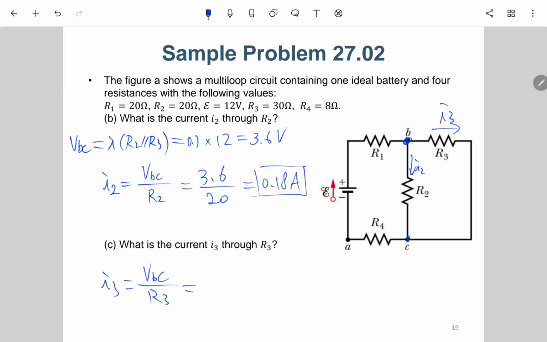So it will be 3.6 over 30, which is nothing but 0.12 A. A quick note is that this is 0.3 A, this is 0.18 A and this is 0.12 A. We can quickly notice that 0.18 plus 0.12 is 0.3, so this verifies our calculation is okay.